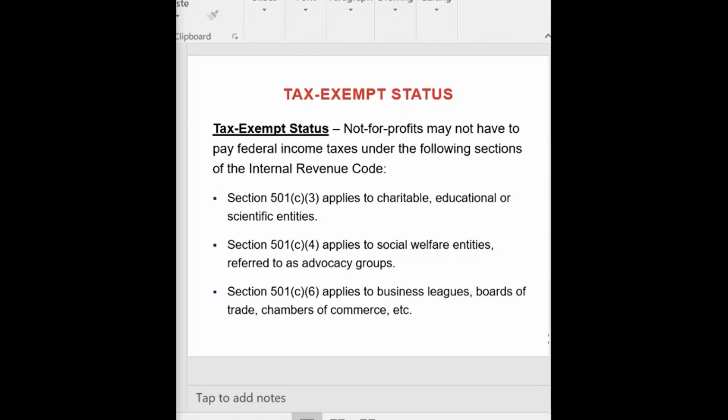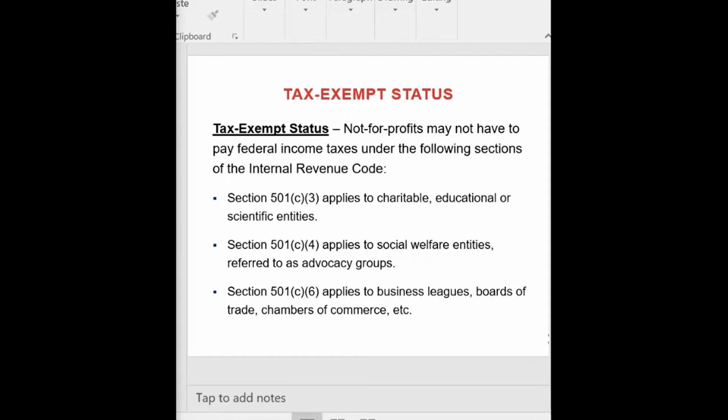Now we will learn about the tax-exempt status of a not-for-profit entity. This one is really very significant, because the primary reason for creating an entity as a not-for-profit is for these tax exemptions. And you will see there are three IRS codes that cover all those types of not-for-profit entities.